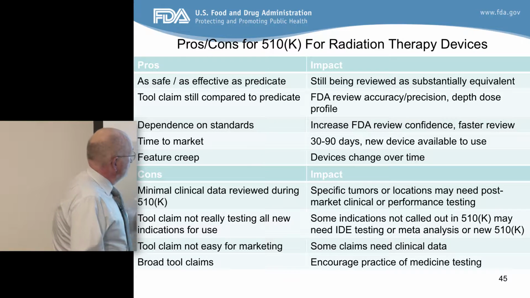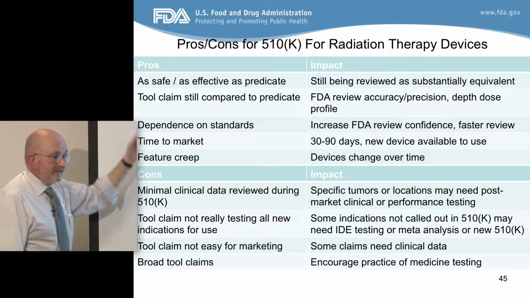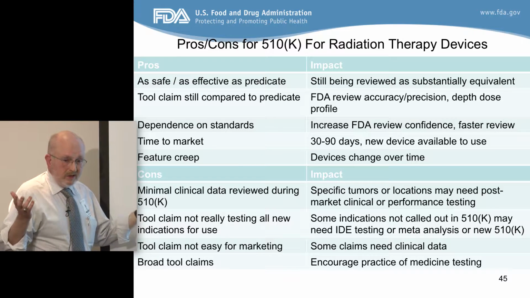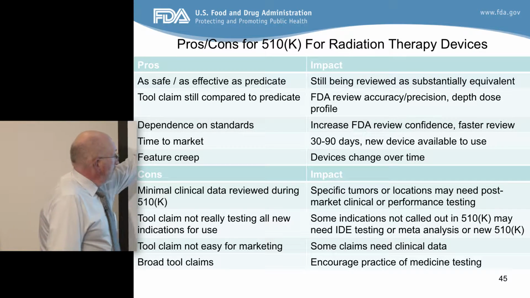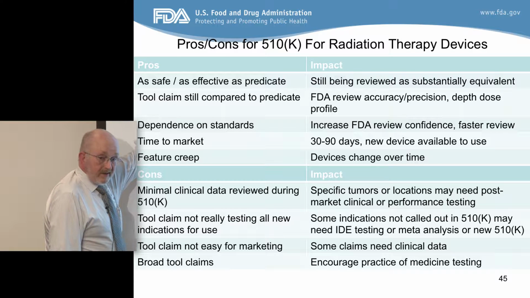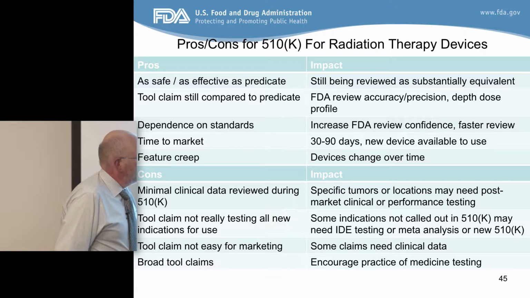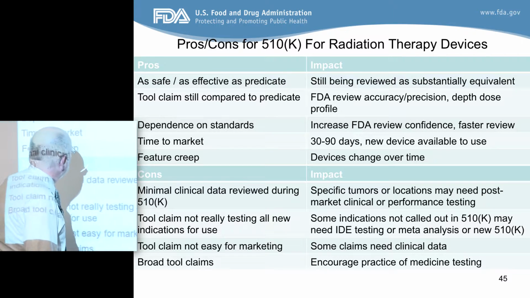The pros, for using the 510K, it's as safe and as effective as the predicate. It's not getting worse. We know that the way the review is done, it's as safe and as effective. So it's still being reviewed as substantially equivalent.